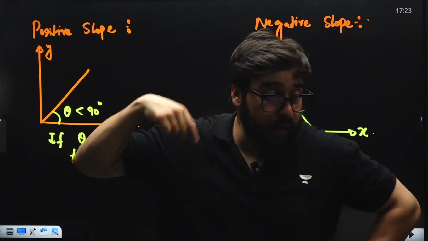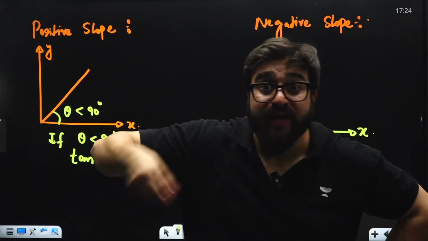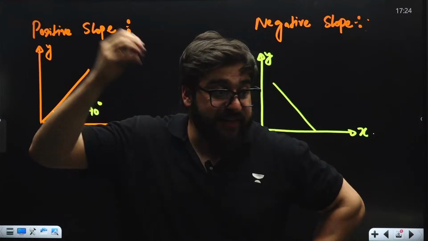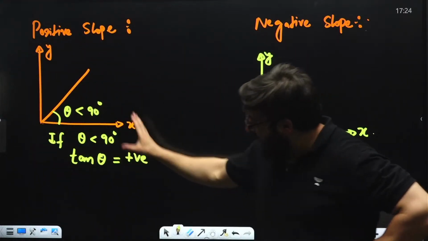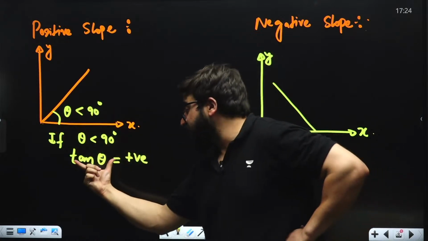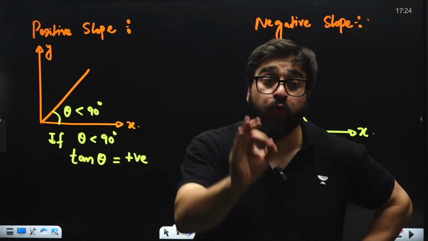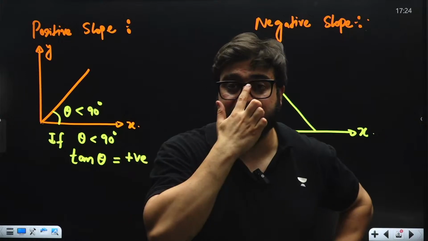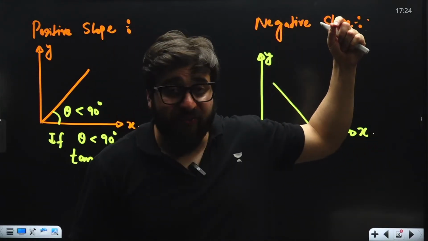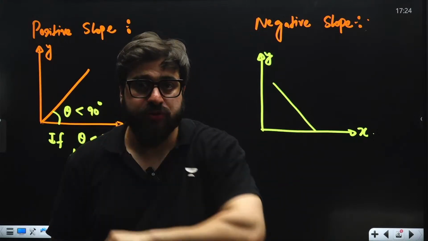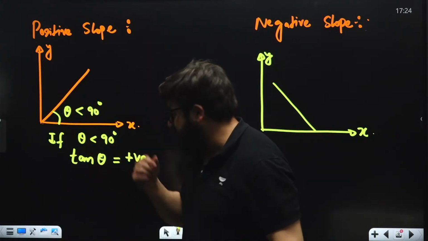Tan 30, 1 by root 3, positive. Tan 25 degrees, tan 30 degrees, tan 40 degrees. So if the angle is less than 90, the values of tan will be positive. Check in the trigonometric table: tan 67, tan 85, all of these values will be positive, because theta is less than 90 degrees.